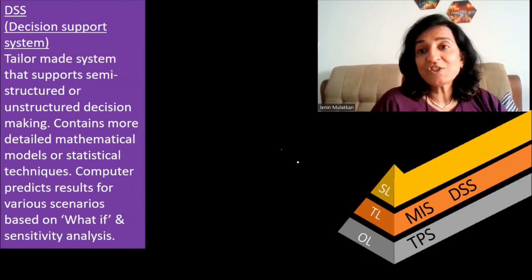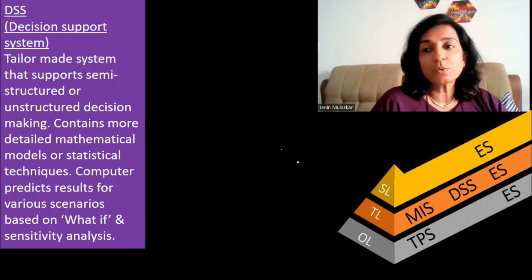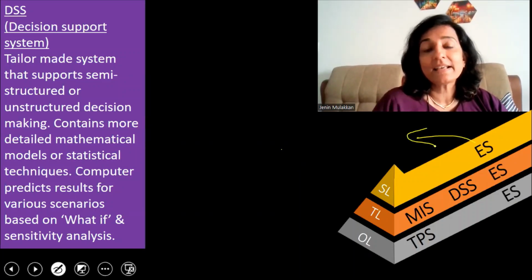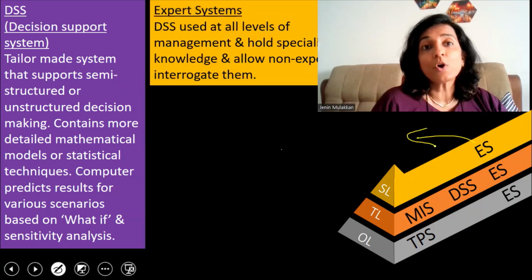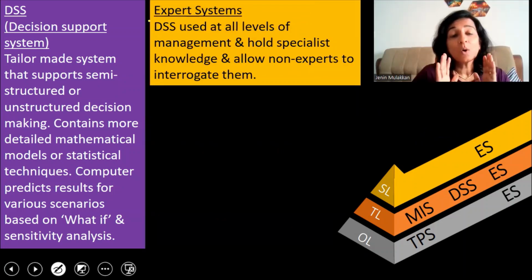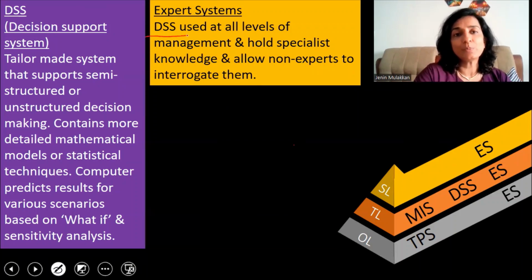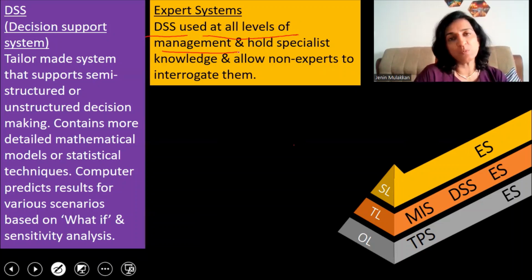Now, the next information system that we will be looking into is the ES. Now, ES stands for expert systems. Now, expert system is also a type of decision support system. So let's look into the definition of an expert system. It is a decision support system which is used at all levels of management.